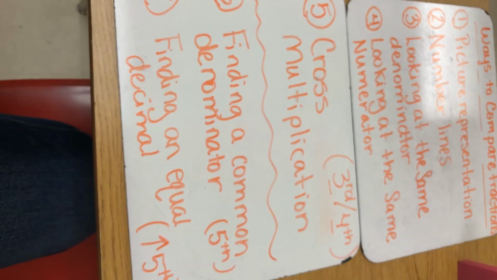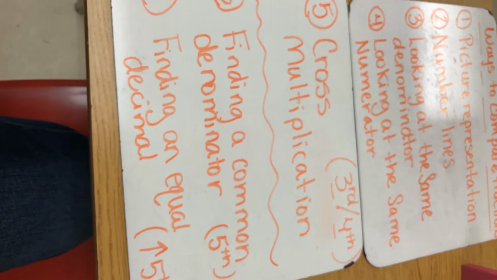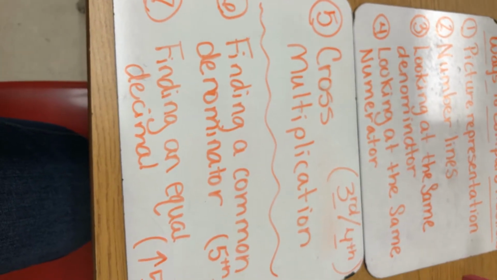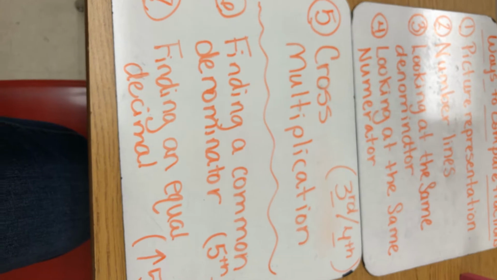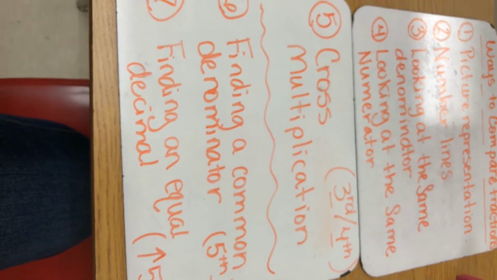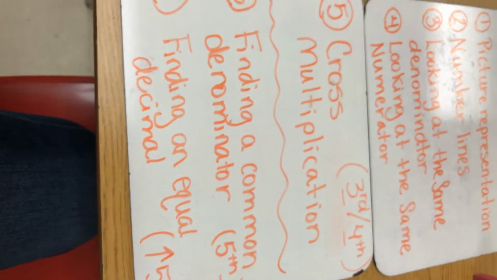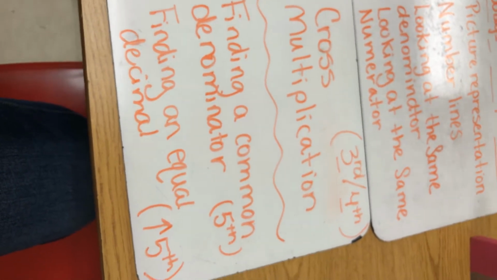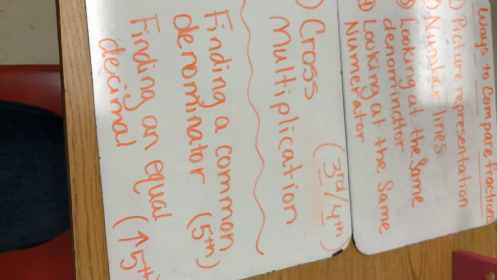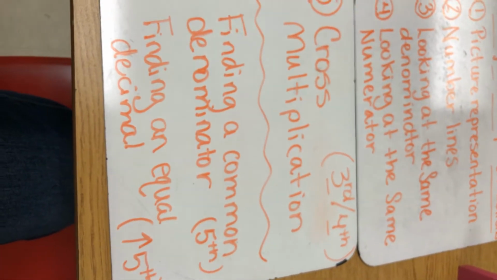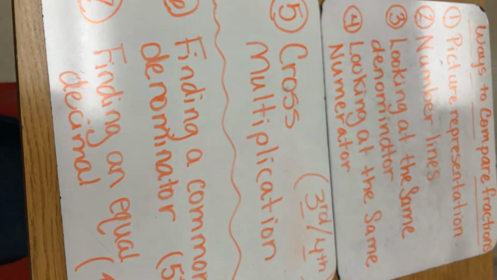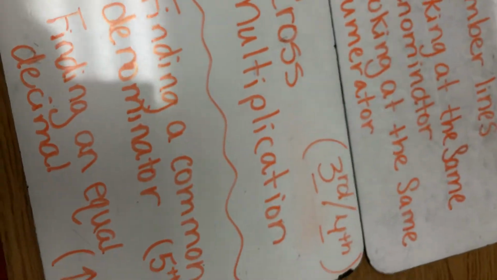Finding a common denominator happens in 5th grade. I might take a minute and show you how to do that, because it's really about equivalent fractions. And then finding an equal decimal is above 5th grade. They might show you how to do that in 5th grade too, but that's a little bit above. Some of the videos do contain those last two ways to compare fractions, so just keep that in mind.